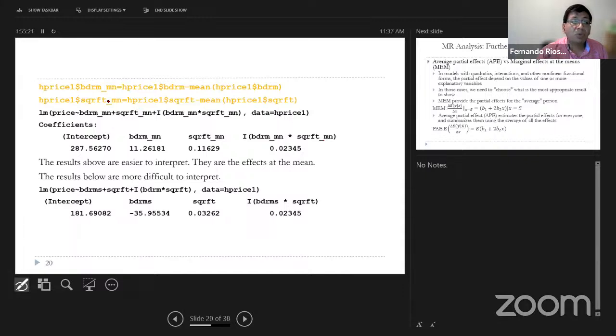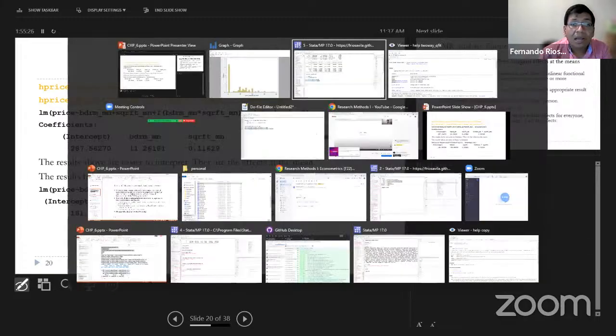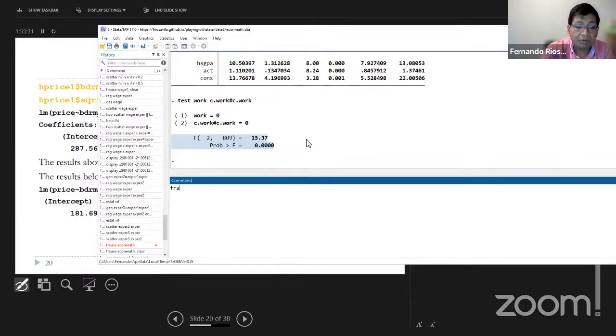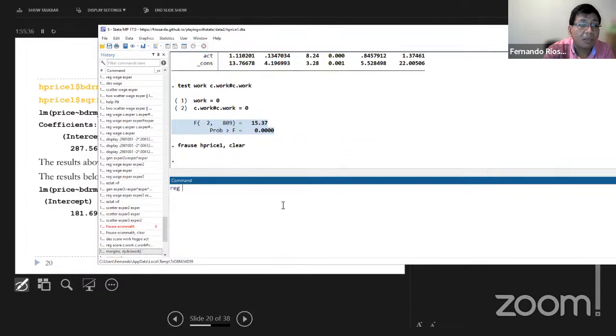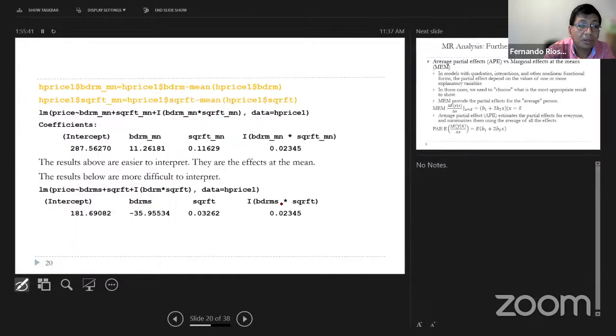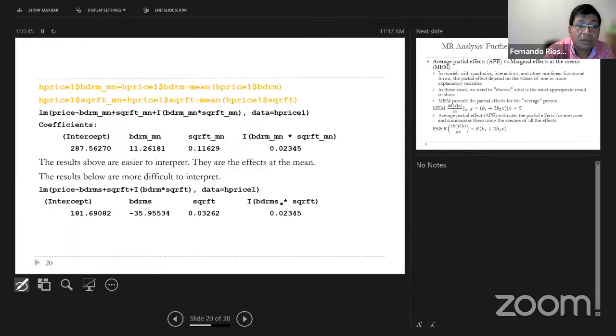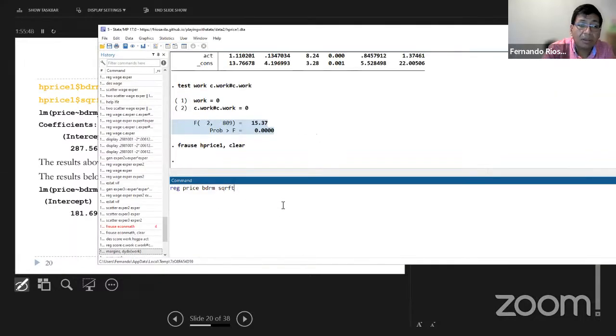Now for the other one, which was prices, okay. Housing prices. So the original model is prices as a function of bedroom, the square feet, and the interaction between bedroom and square feet.